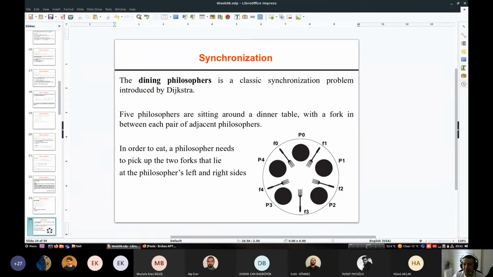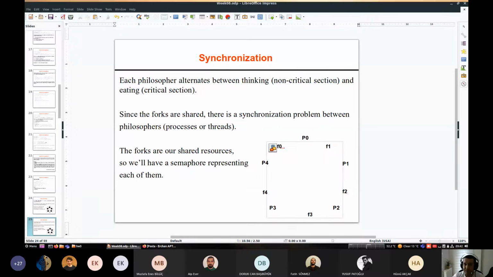And there is a fork in between each pair of adjacent philosophers. Now, in order to eat, for some reason, a philosopher needs to pick up 2 forks that lie at the philosopher's left and right sides. So if each philosopher is a process, that means each process needs 2 resources in order to carry out the operation that it wants to complete.